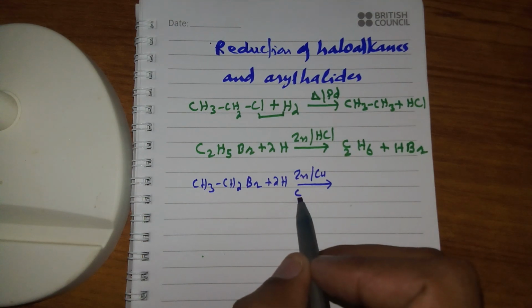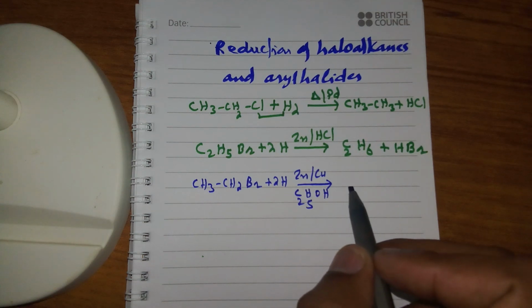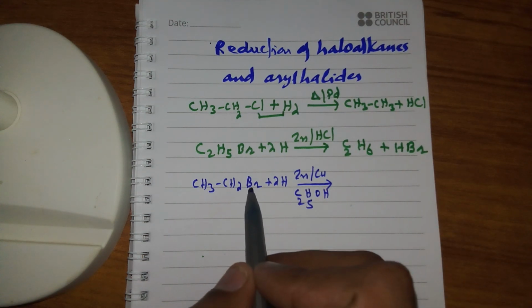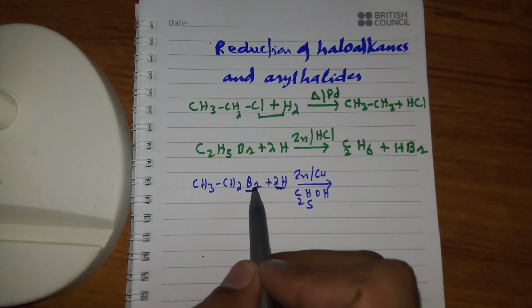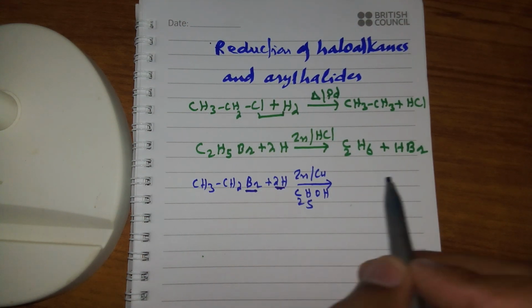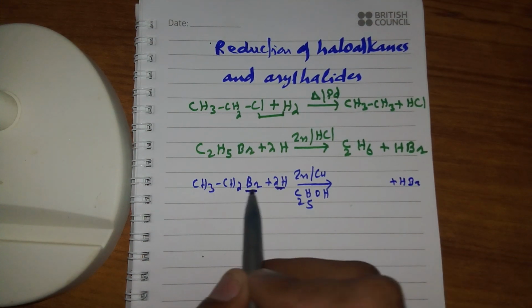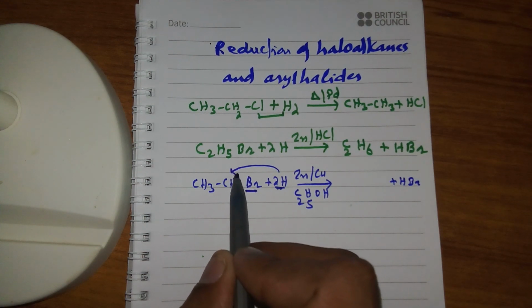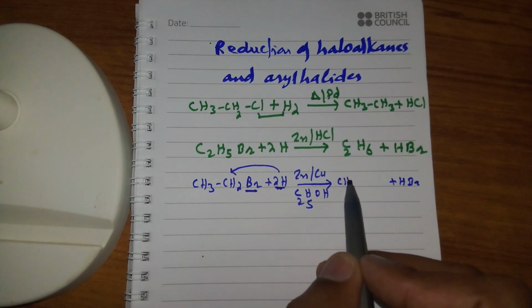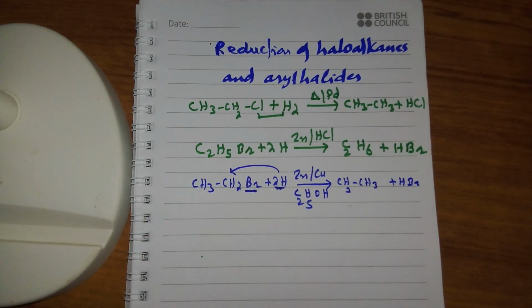Along with the zinc and the copper, ethyl alcohol is also required. So what will happen? The bromine from this and hydrogen from this will both react, so they will form HBr, and one hydrogen will be added to this carbon. So this will be CH3 single bond CH3.